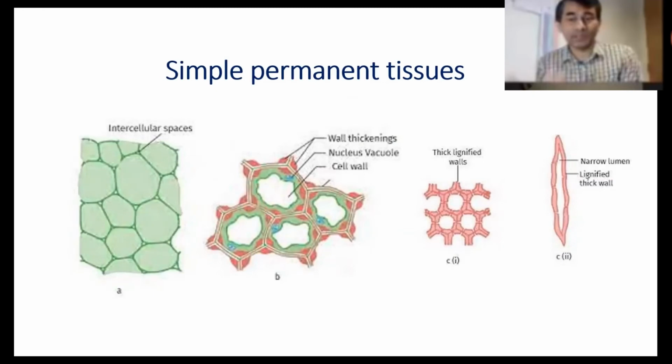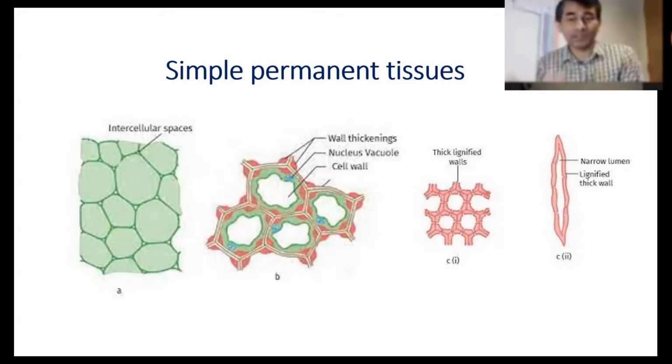So as you might remember, the permanent tissues can be simple permanent tissue or complex permanent tissue. Now, simple permanent tissues, you don't have to know the details at this stage, but I will just give you a little introduction about the types of simple permanent tissue. Why are they called simple permanent tissue?